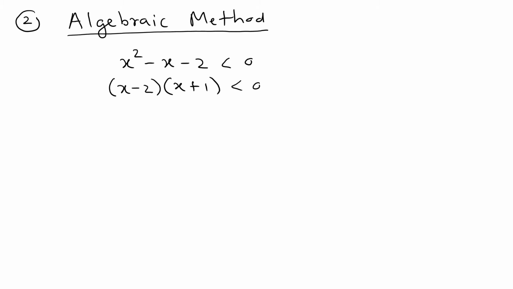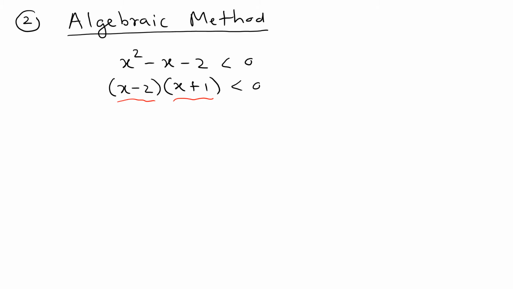The next step is that there are actually two cases. We're trying to understand how the product of these two factors is going to be negative. This is a product, with two numbers, two factors. That means there are two cases.